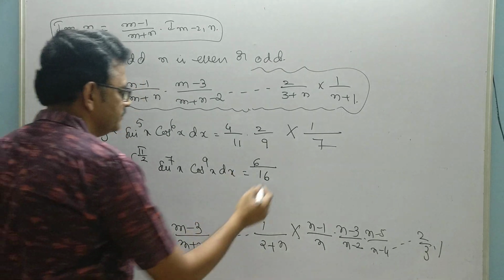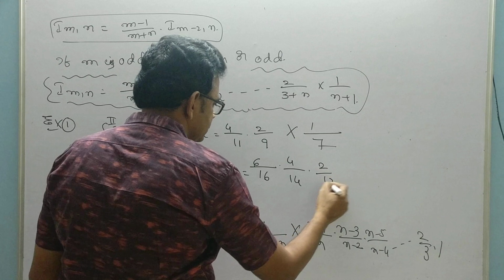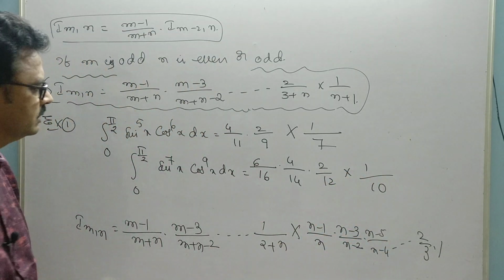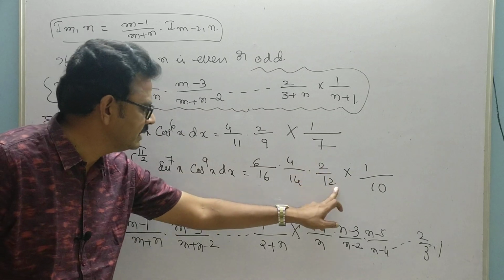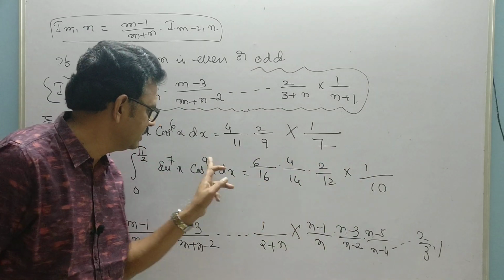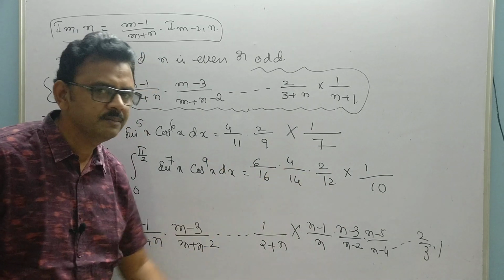Next with two difference, that is 4 by 14, 2 by 12 into 1 by 10. What about the last one? 2 by 3 plus n, 3 plus 9, that is 12, into 1 by n plus 1, so 9 plus 1, that is 10.